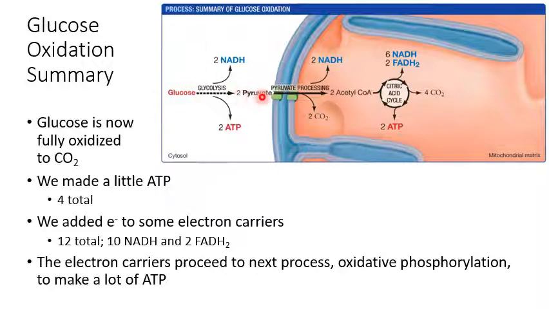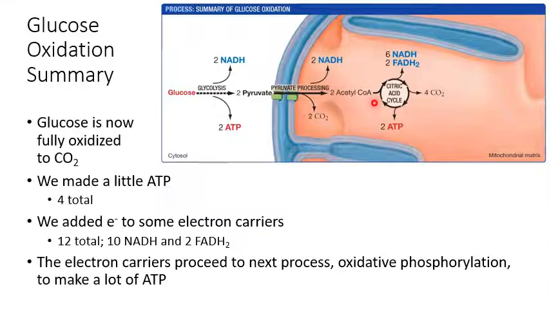So for feeding 2 pyruvates into pyruvate oxidation, you're going to make a total of 2 acetyl-CoAs and 2 carbon dioxides. That means that at that point, you started with 6 carbons in glucose. Now you've had 2 of them leave in carbon dioxide, and the remaining 4 are on 2 different molecules of acetyl-CoA, each one having 2.